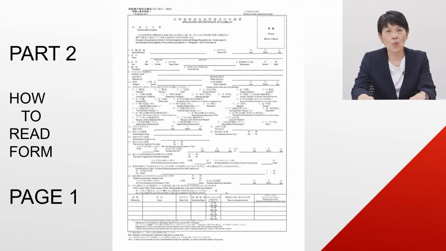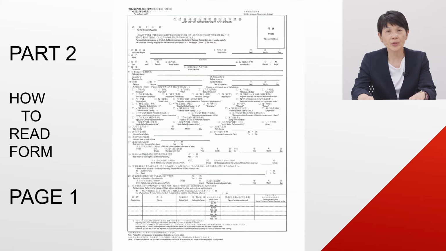From number 1 through number 16, you fill out your identical information such as your name, nationality, sex, date of birth, place of birth, address to contact, etc. And at number 17, this is important, your in and out record of Japan in the past.